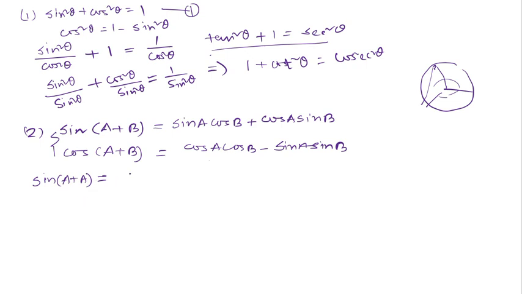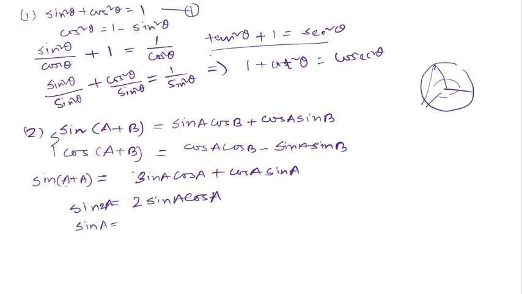Sin (A plus A) is sin A cos A plus cos A sin A, so it becomes 2 sin A cos A. That means sin 2A is nothing but 2 sin A cos A, or if I take A equal to A by 2, it becomes 2 sin (A by 2) cos (A by 2).